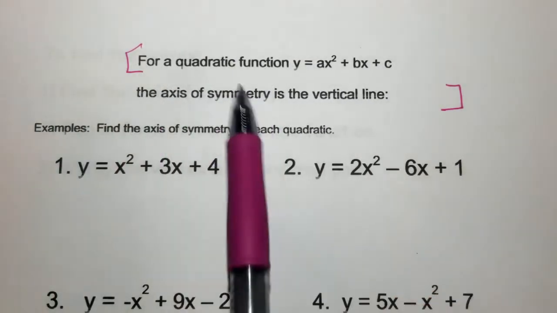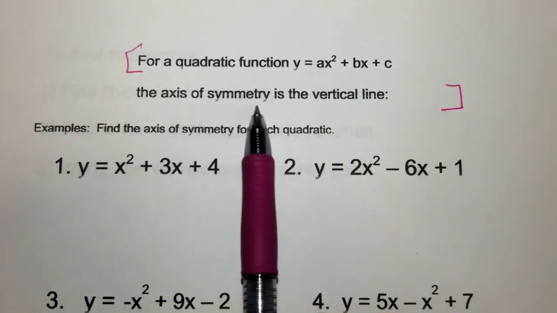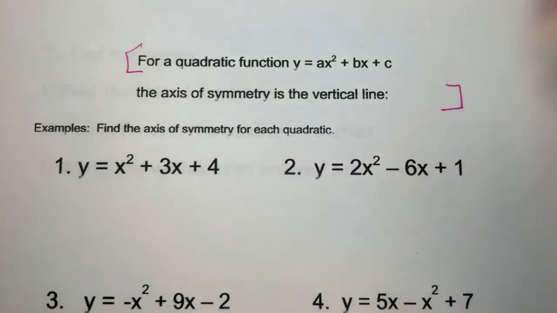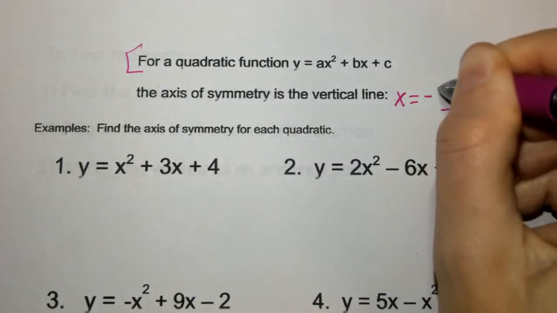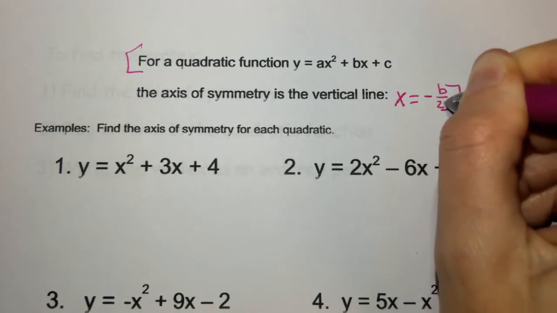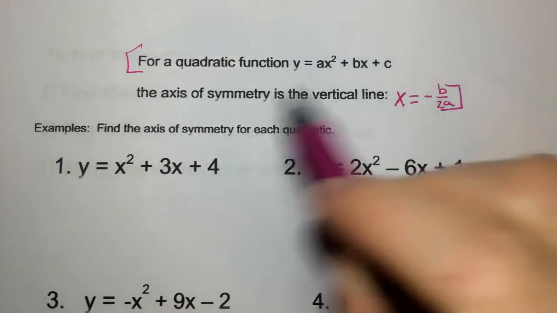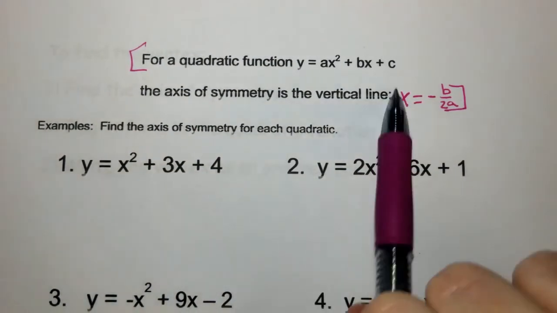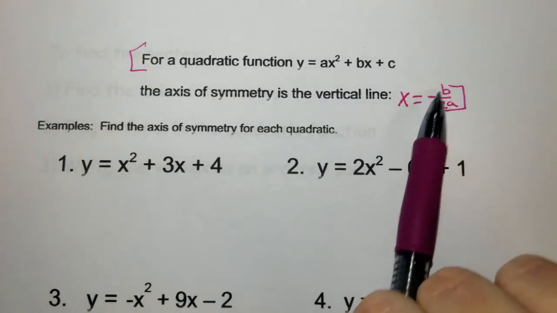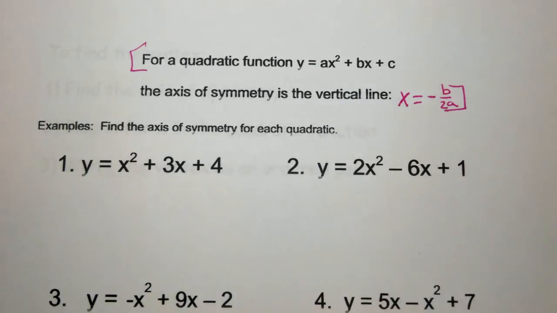So for a quadratic function y equals ax squared plus bx plus c, the axis of symmetry is the vertical line x equals -b over 2a. And so this is your formula for the axis of symmetry, because if you don't have a graph, you do need a way of calculating it. This a and this b in this formula are following the same a and b from the standard form.